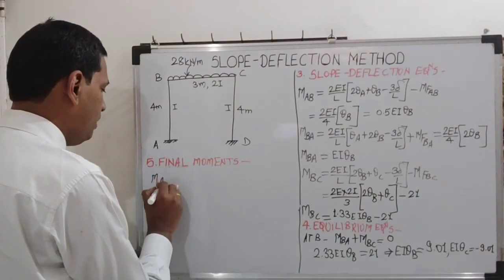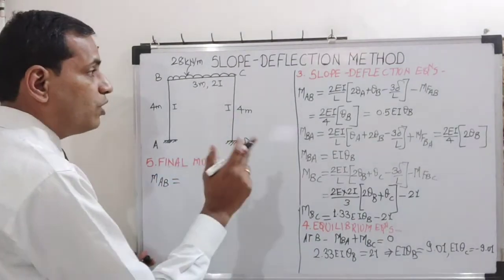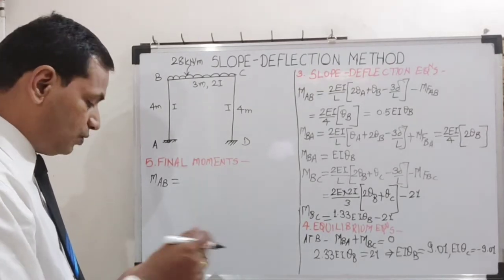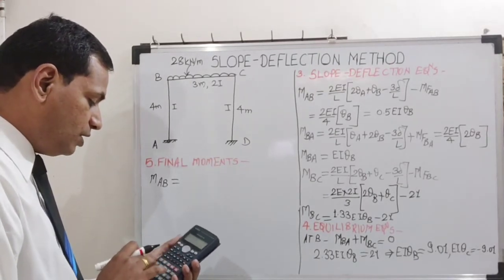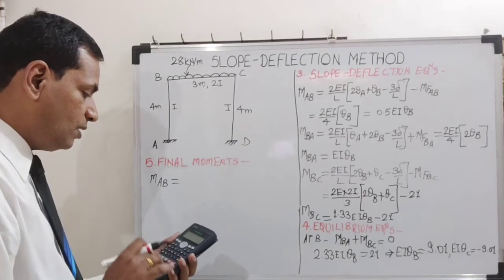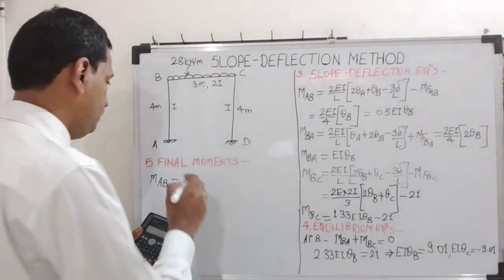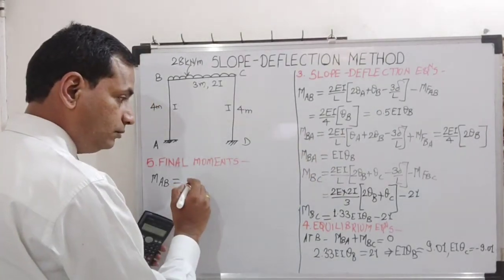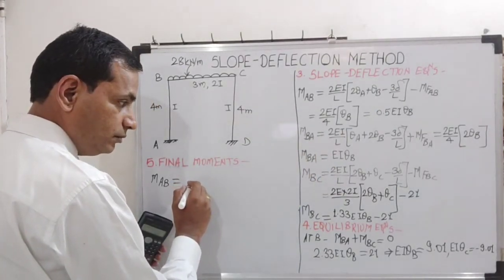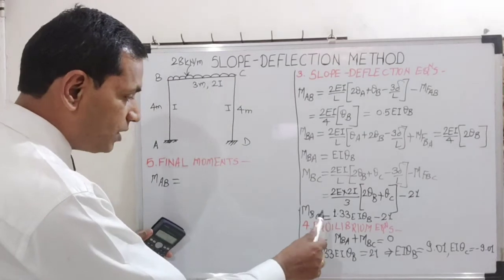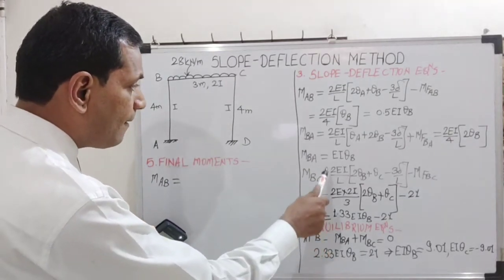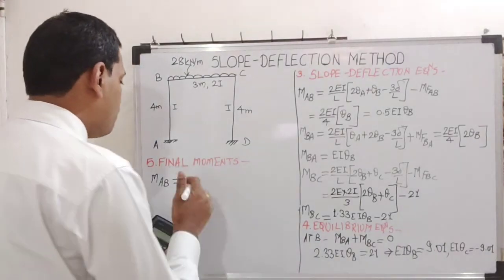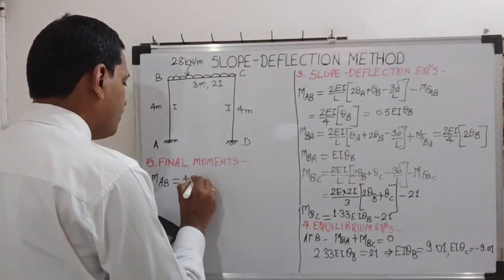Let us see what MAB is. 0.5 EI theta B. How much is EI theta B? 9.01. So half of 9.01 is 4.5, clockwise. Let me cross check first of all. Yes, 4.5 kilonewton meter.